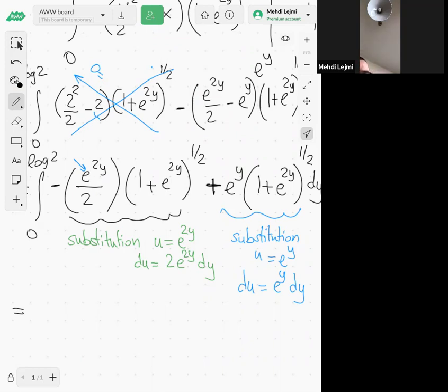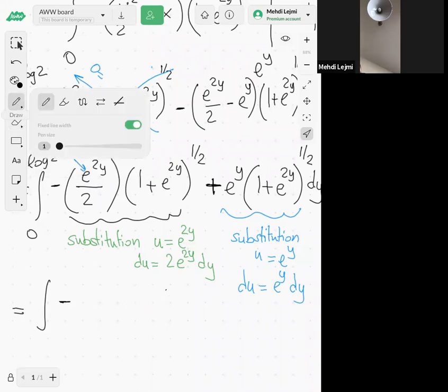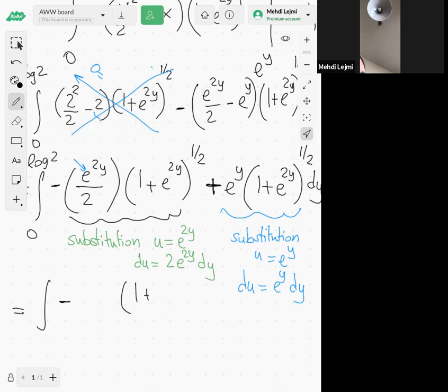So that will be equal to, you're going to have minus, there is this 1 plus u, to the power half, and then this e to the 2y, guys, with this dy, of course.